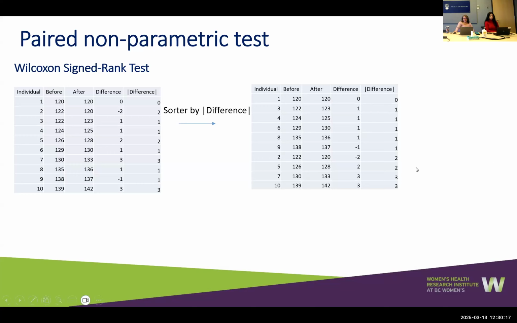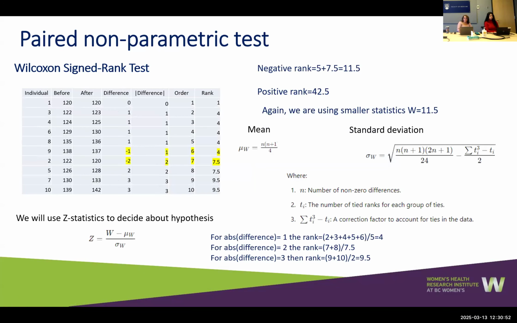So basically, we are calculating differences. Here we are ranking the differences: we took the table from the left part of the slide and we are sorting by the absolute difference, because at this point we don't care if it's negative or positive.